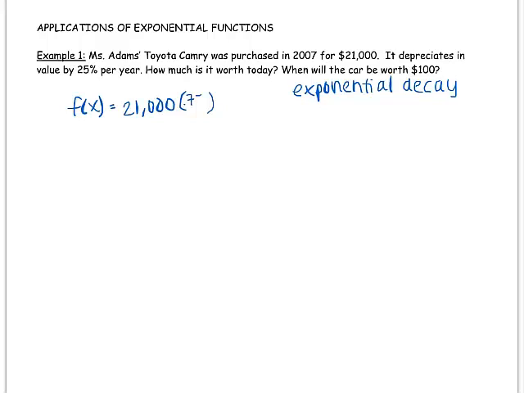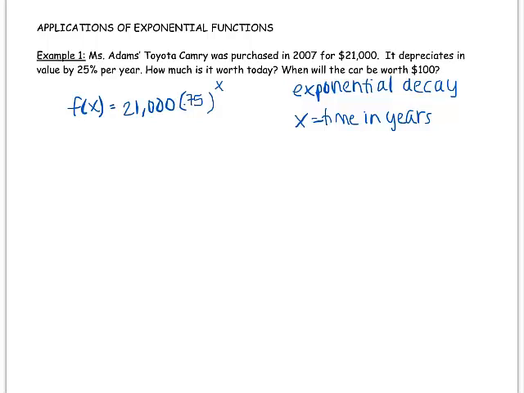So if 25% is leaving this price, that means that 75% is remaining. Now that's happening per year. So I'm going to take this decimal and raise it to the x power, where x equals the time in years.